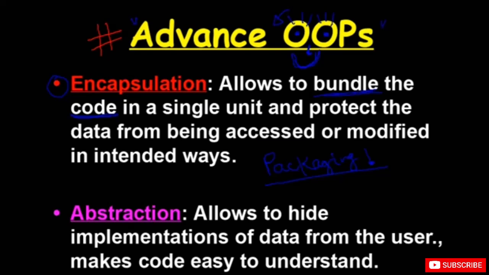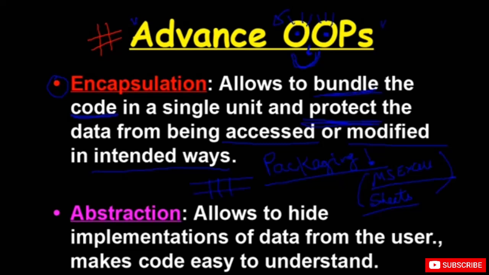So it can be accessed or modified only in intended ways. Well, we can protect it basically, like if we have MS Excel, or let's say Google Sheets for simplicity. They pretty much have a few things in common, like the rows and the columns, and the file functions like save as, create new, open, and other things too.